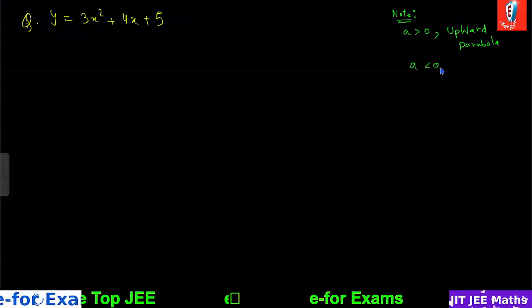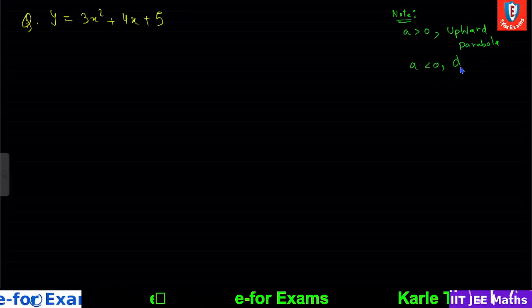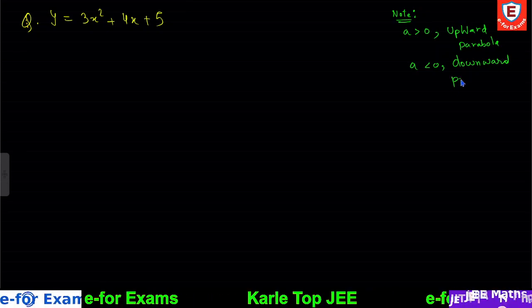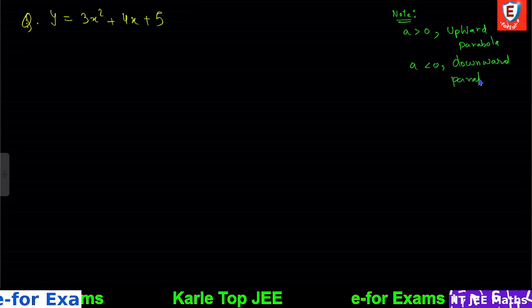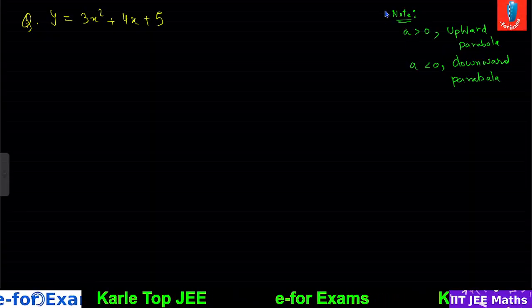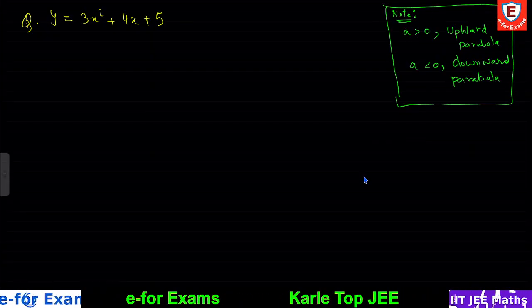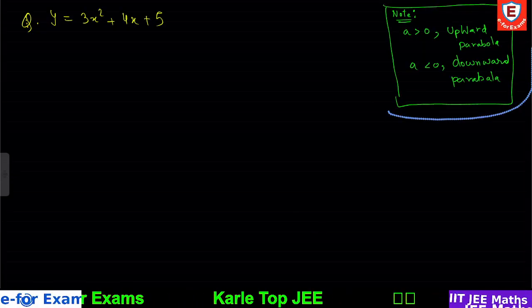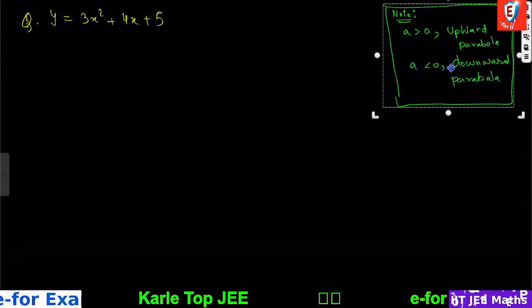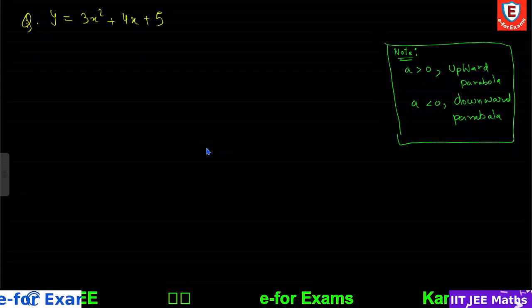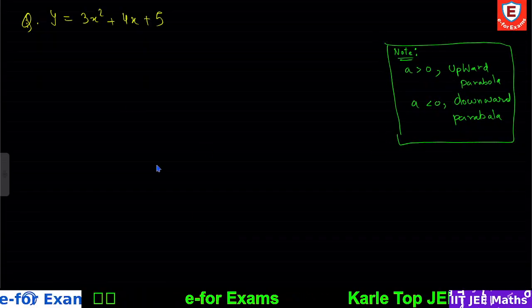If a is less than 0, downward parabola. Okay, remember this. Now let us solve this.